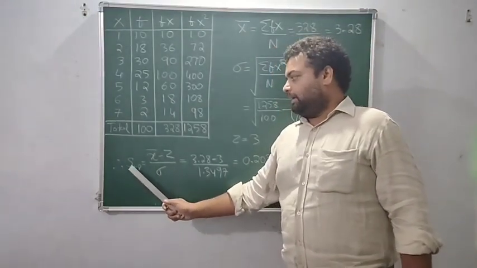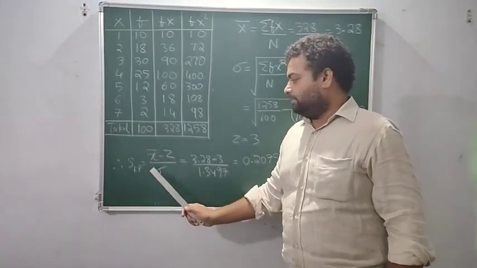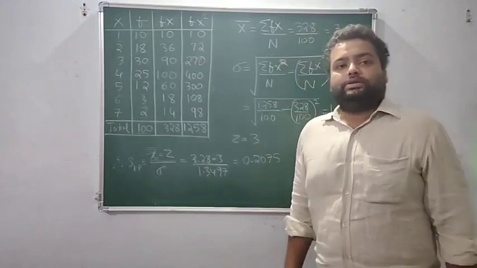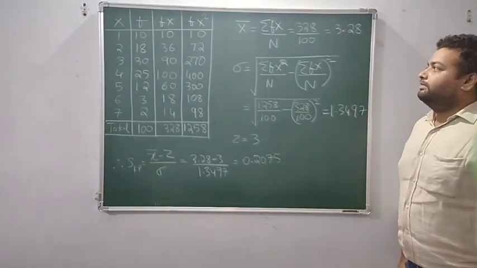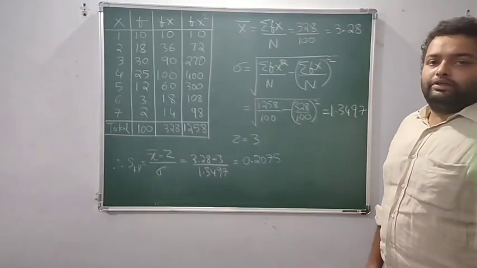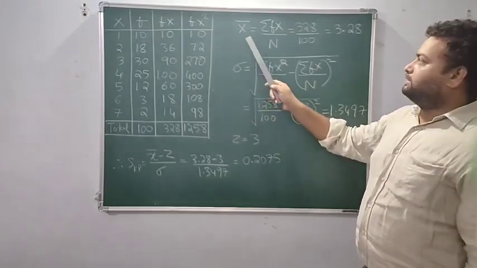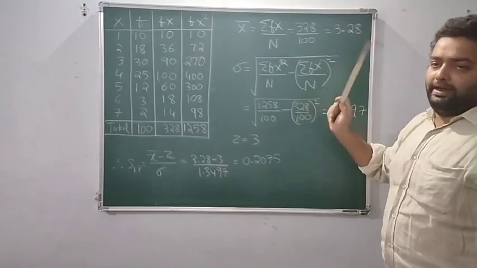That is, Karl Pearson's skewness is given by x bar minus mode divided by standard deviation. So we find out the value of mean and standard deviation by using the formula. X bar is equal to summation of fx by n.